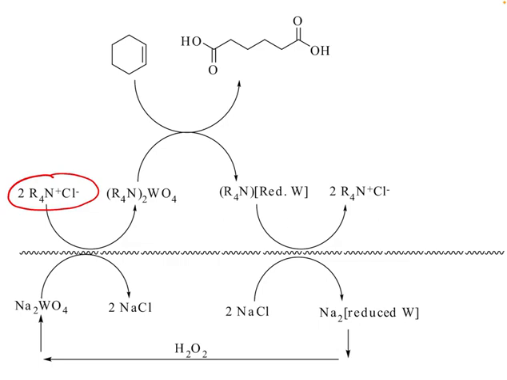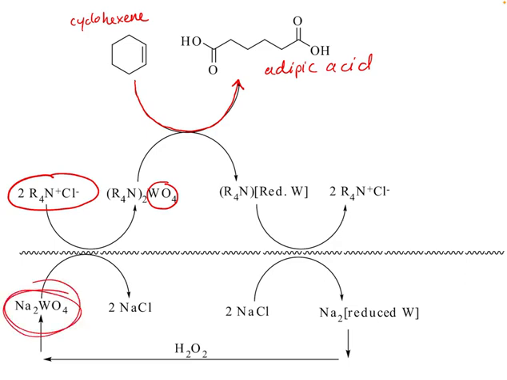This chart is a little confusing at first, but let's go over it really quickly. At the top, we have our cyclohexene, and we're just showing through this arrow that we're going to form adipic acid. But remember, cyclohexene has to interact with the tungstate ion, and the tungstate ion is in a whole other phase. It's actually down here in the water phase. This is our aqueous phase, whereas up above is the organic phase.